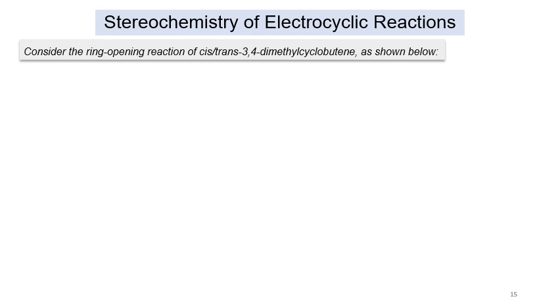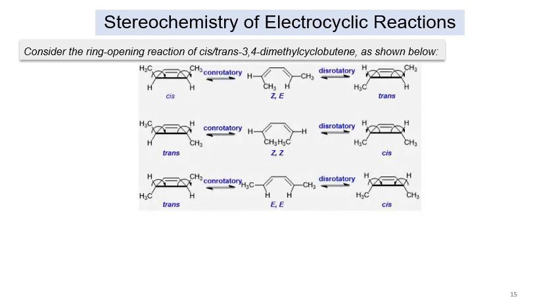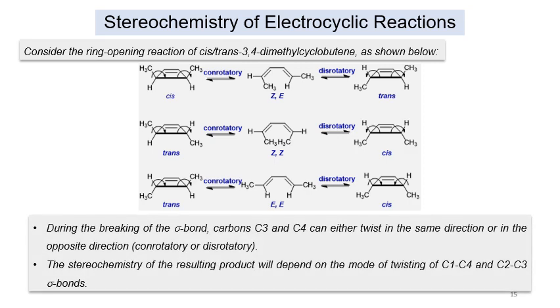Let's now consider the following transformation. The transformation for either cis or trans 3,4 dimethyl cyclobutene. Now, during the breaking of the sigma bond, the carbon atoms C3 and C4 can either twist in the same direction or in the opposite direction.